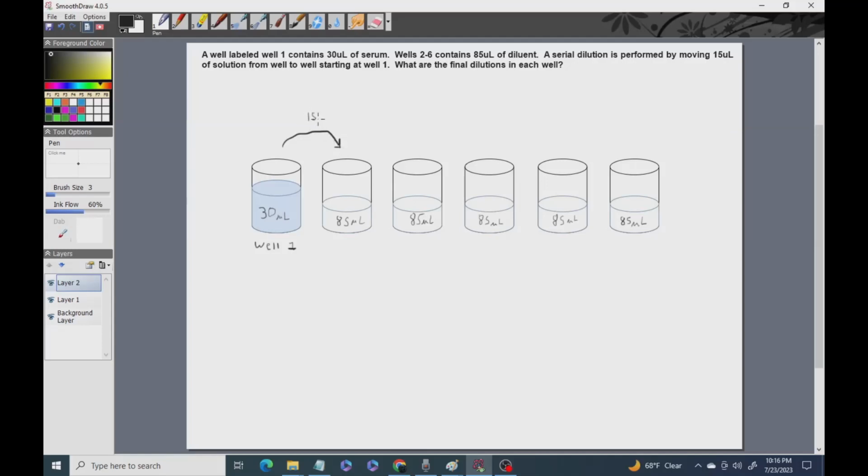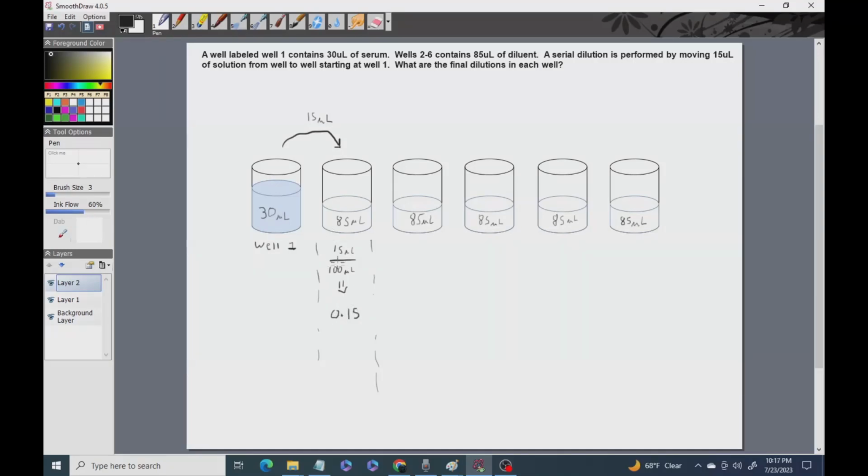So we have 15 microliters, and we have our total. So we have 15 microliters divided by our total of 15 plus 85, which is 100 microliters. And we can reduce that to a fraction, which gives us 0.15.